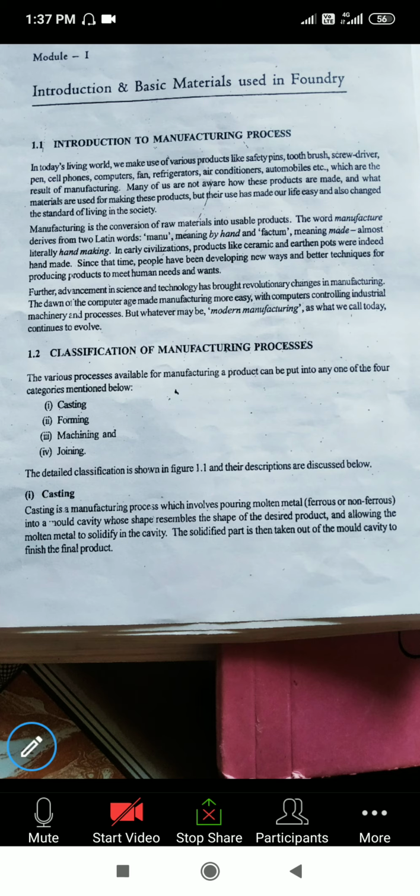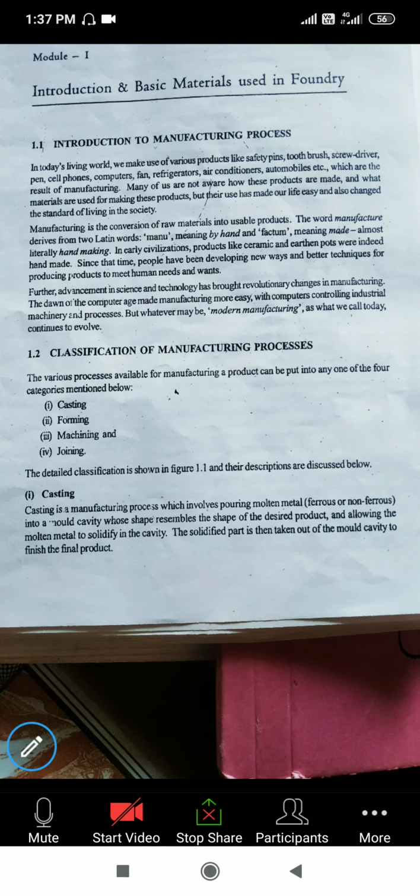When you remove the pattern, its impression is left on the sand, and a small cavity is generated as per the shape of the pattern. That cavity is called a mold cavity, whose shape resembles the desired product, and the molten metal is allowed to solidify in the casting.